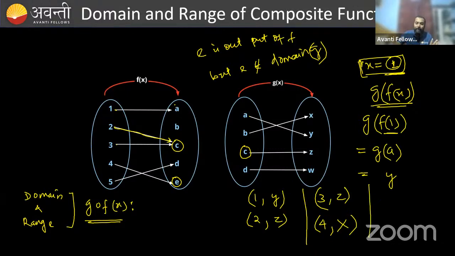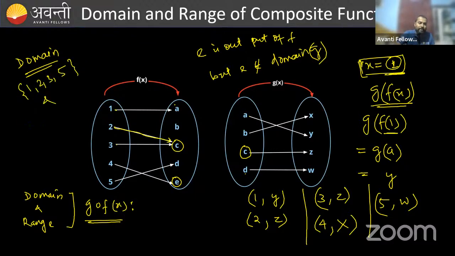Simply now take 5. Similarly, 5 is mapping to D in f of x. So now again D is mapping to W in g of x, that is W. Okay, so now tell me what is the domain we are getting? The domain of g of f of x is 1, 2, 3, 5.